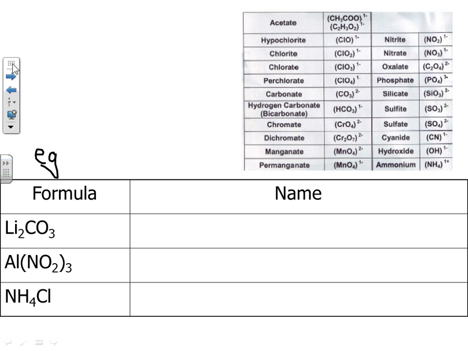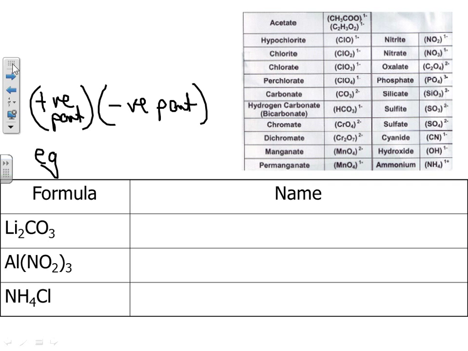There will always be the positive part name, all right? And there will always be the negative part name. So the naming system is always something, something, all right? The answer will never ever be lithium 2-carbon 3 oxide. You see what I'm saying?